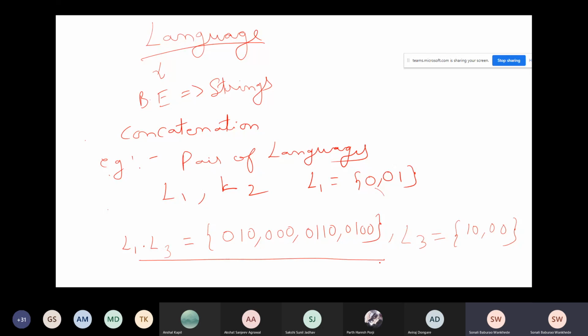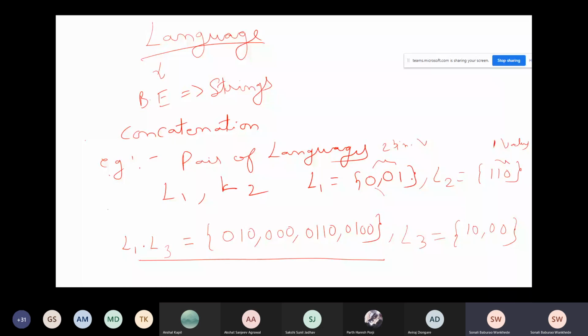Now what was the difference between this and the previous one? In the previous one, you had L2 as 110. Here, you didn't have two values, right? We have only one value, and that is the binary value 110. Over here, we have two binary values, 0, comma 01.